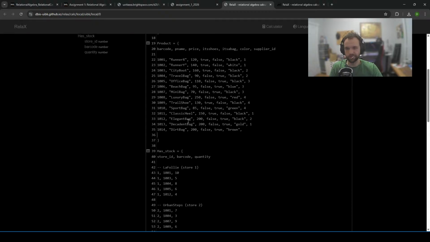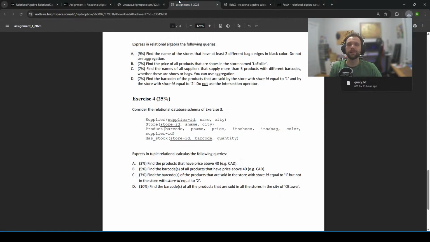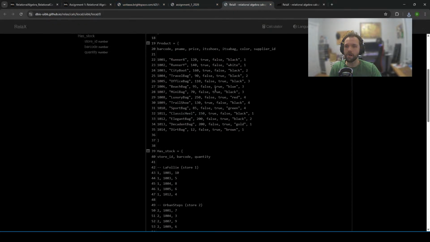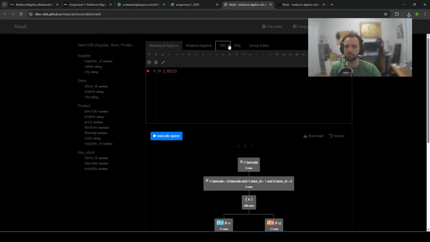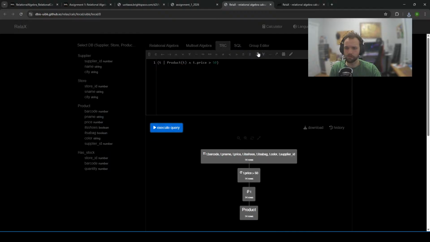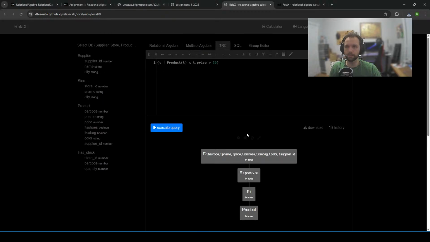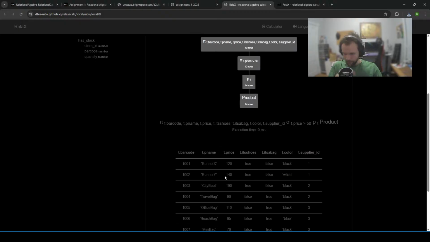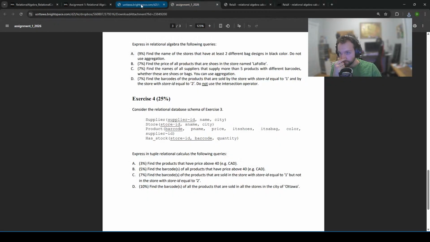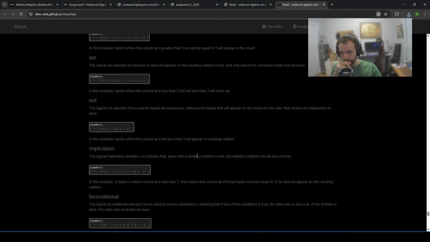Well, let's just modify dirtbag and say it's like $12. Oh, that's right. I still need to update it. Preview, use group editor, multiset alt. And there we go, 13 rows. So that works. Is there a way to just select the rows that I want or not?